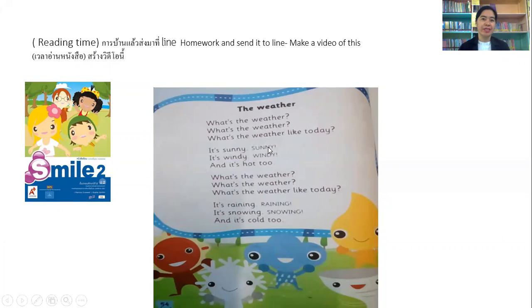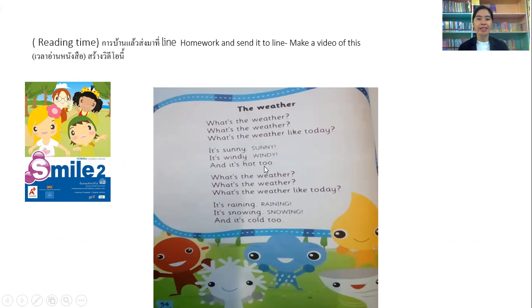This is reading time. You're going to make a video of this reading and send it to Line. You're going to read like this. The weather. What's the weather? What's the weather like today? It's sunny, sunny. It's windy, windy.